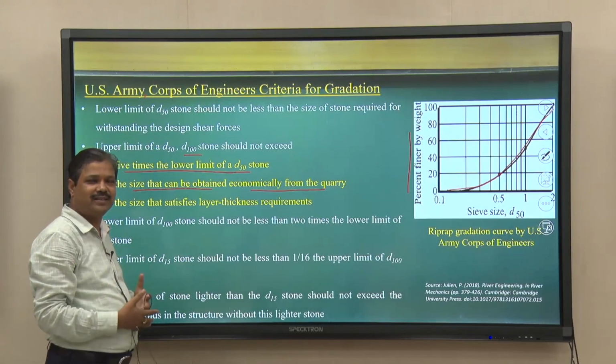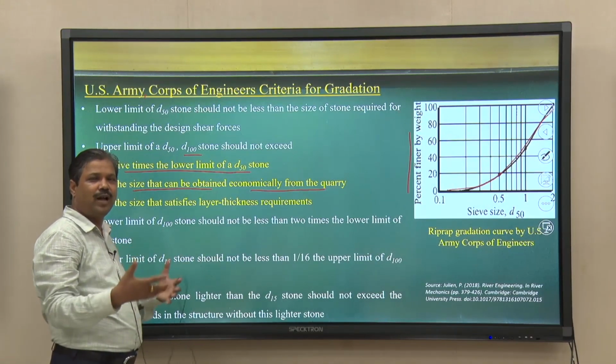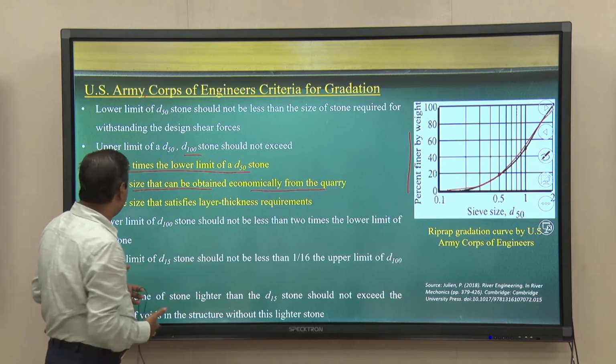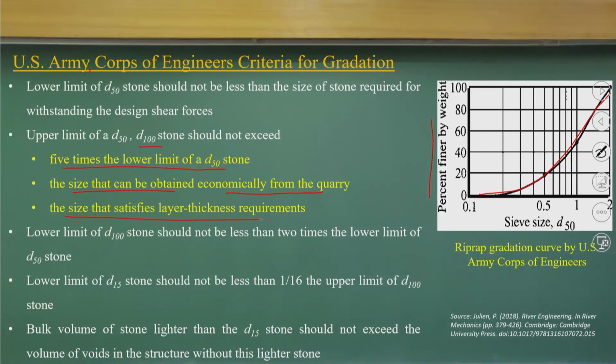These are all natural stones. So, that is the reason we should target bringing stones from a nearby natural quarry, with sizes that satisfy the layer thickness requirements. Okay. And the lower limit of D100 stones should be less than 2 times the lower limit of D50, and similarly the lower limit of D15 should not be less than 1/16th of the upper limit of D100. The bulk volume of stone lighter than D15 should not exceed the volume of voids in the structure without these lighter stones.